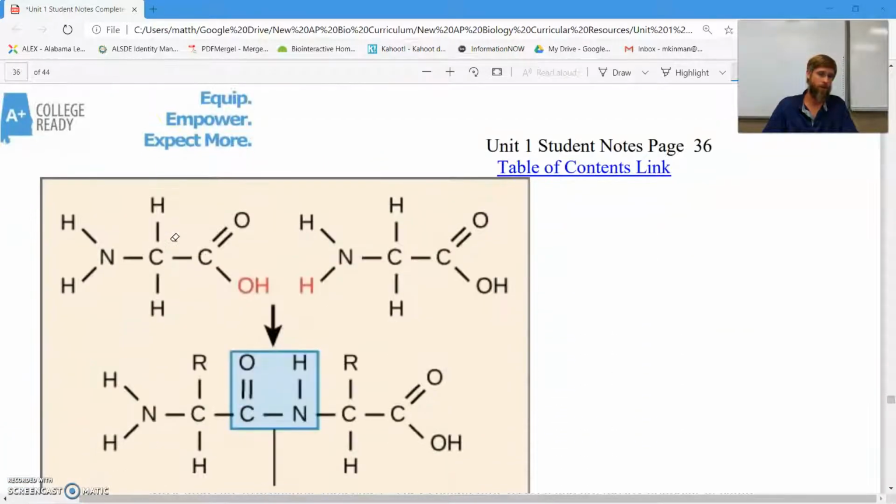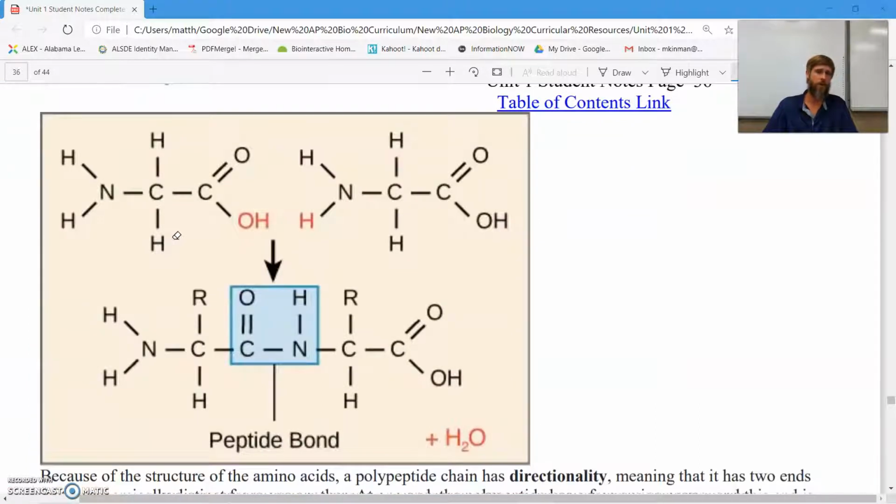All right, moving on. So here we go again. Here's another diagram. Here's one amino acid. Here's a second amino acid. Notice the amine end of one is donating a proton to the carboxyl end that is accepting. When I say proton, I mean hydrogen. Anytime I say proton, I mean hydrogen, because hydrogen is number 1 on the periodic table.